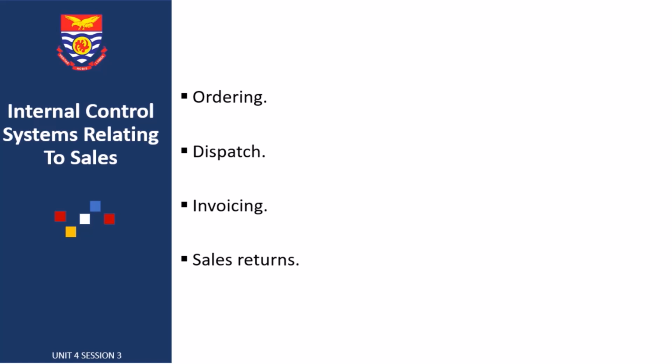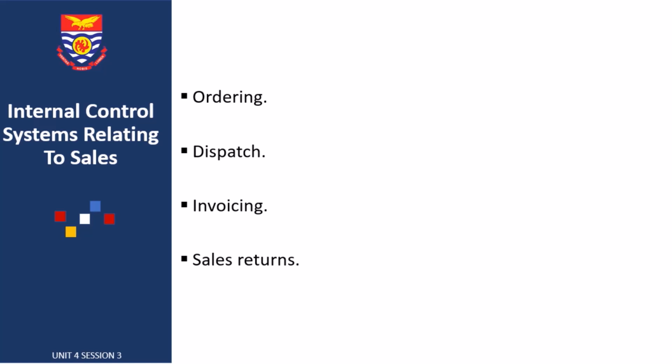Now, when it comes to the sales return, any goods that have been returned by a customer should be checked for previous damage, and when accepted, a document should be raised. So there is a tendency that the customer will return the goods. So when it's returned, you have to cross-check to see if it is the same as it was given to the customer.